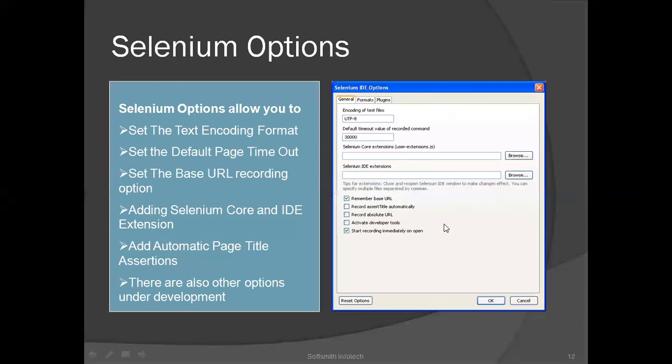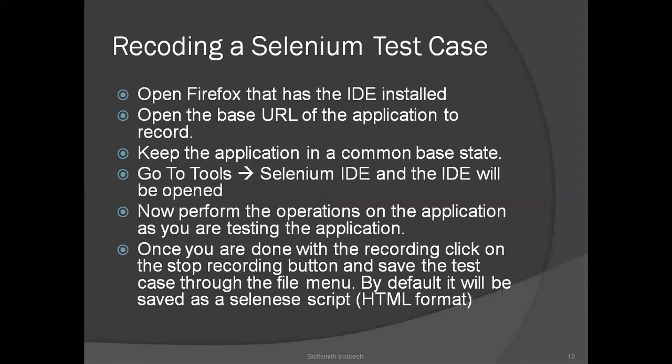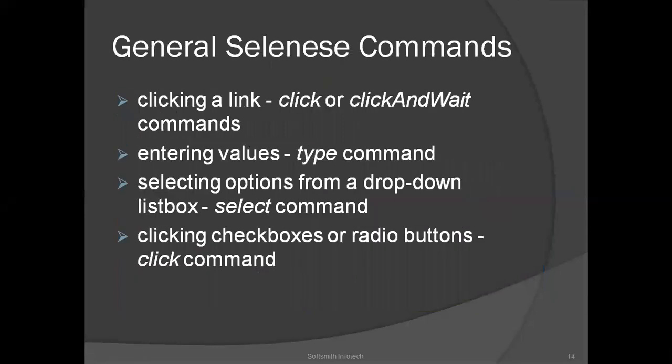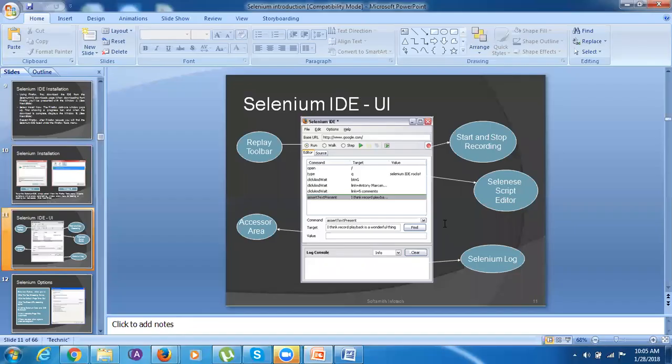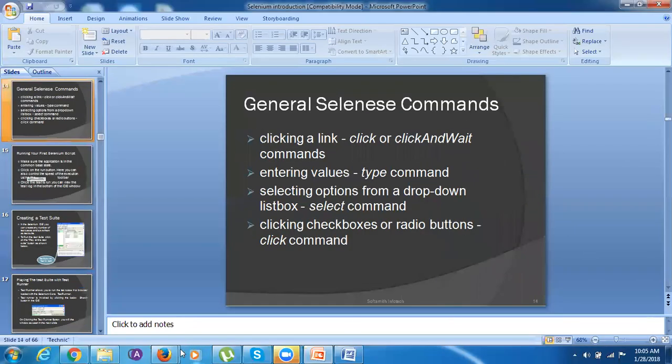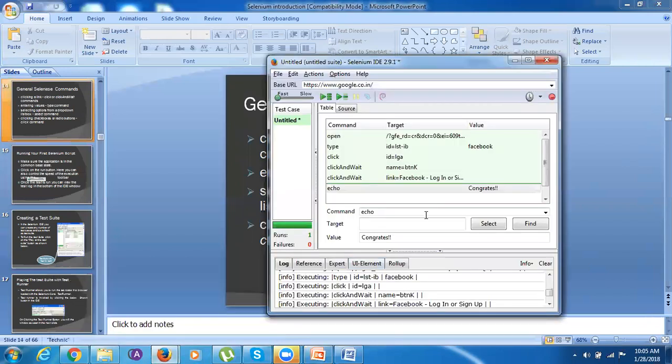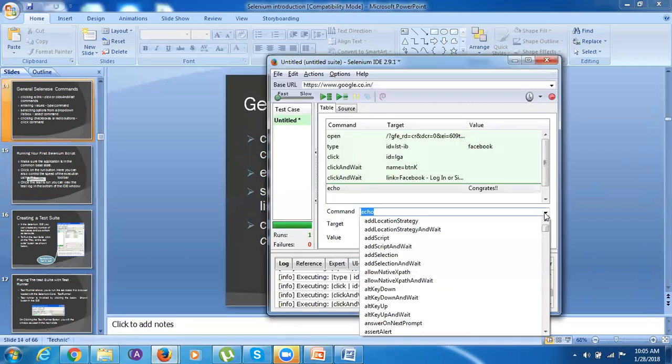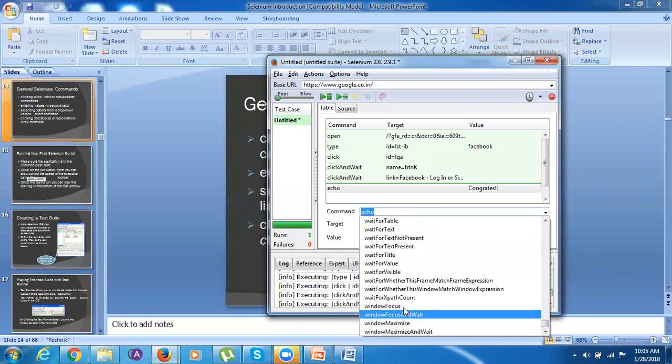Recording a Selenium test case: how to record? We just did it now. General Selenium commands like clicking a link, click and wait commands, and entering values with type commands. As I said, a lot of commands are available in Selenium IDE. Suppose I want to find a command: wait for XPath count, window focus, wait for title.